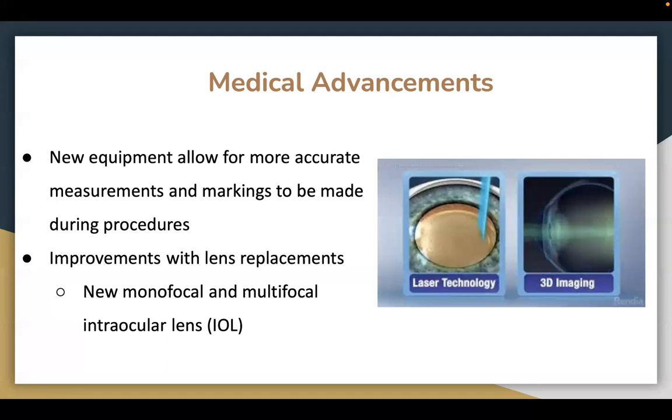The second is multifocal, and a multifocal intraocular lens allows you to see near and intermediate things better and also improves your distance vision. With these two new medical advancements, it has allowed cataract surgeries to continue to stay at such a high success rate and to continue that recovery rate being so high.